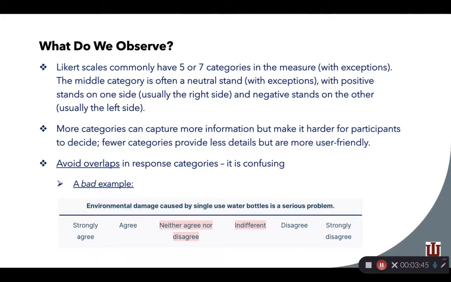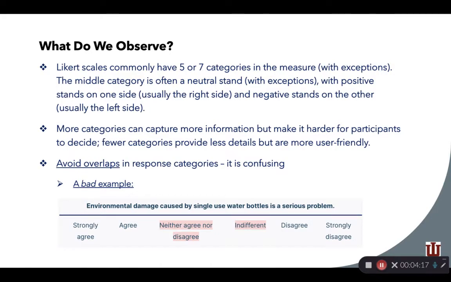But it can also be confusing to your participants because it makes it more difficult to decide which category to choose. And fewer categories will provide less detail but be more user-friendly. And very important, when you decide your scale of measure, you want to avoid overlaps, meaning we don't want any 2 categories to be ambiguous or not distinct from each other.